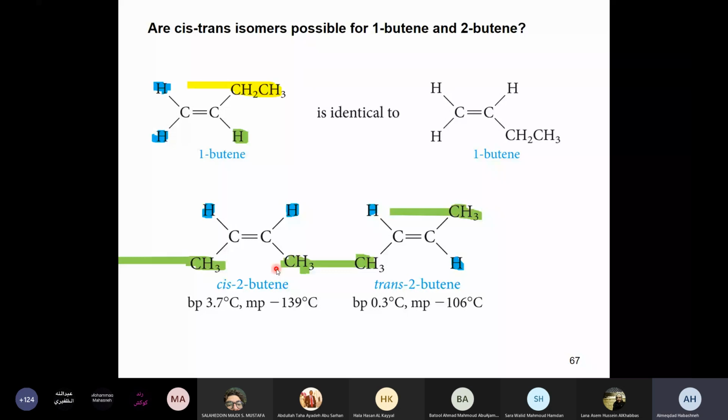Alkene, if the alkene is connected to two groups which are not hydrogen, we call it di-substituted. For those two methyl groups, those two methyl groups are two groups which are not hydrogen. So this compound is di-substituted. So I can say cis-2-butene, trans-2-butene.